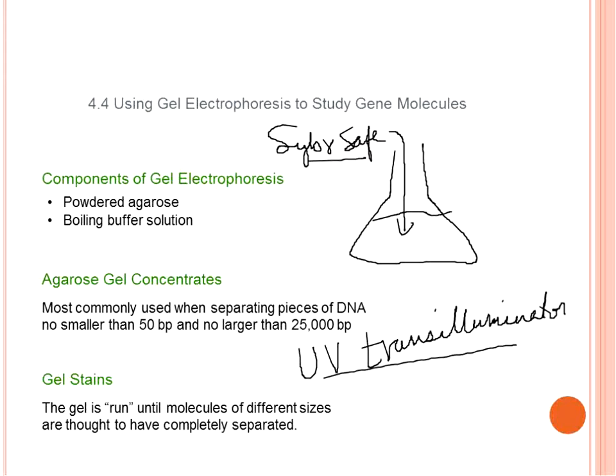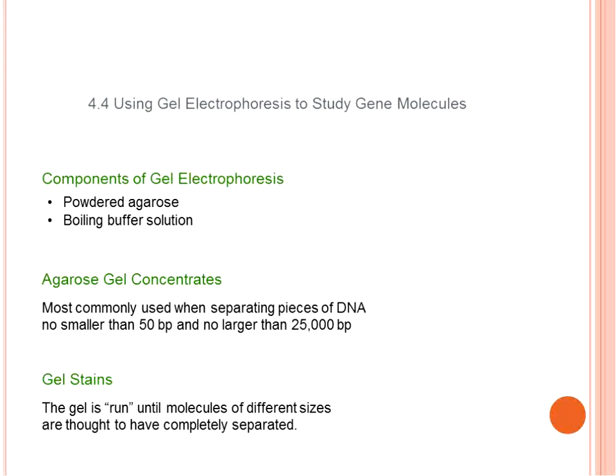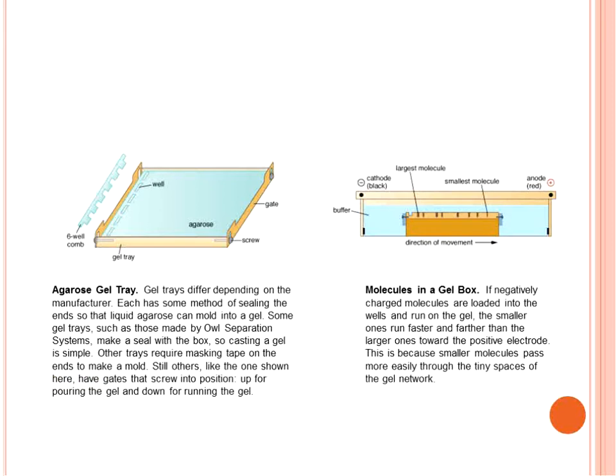Okay, and you will be able to visualize it that way. Okay. So it's just a box that has UV light in it. Okay, so let's move forward. Are we clear on how we analyze the DNA we use?